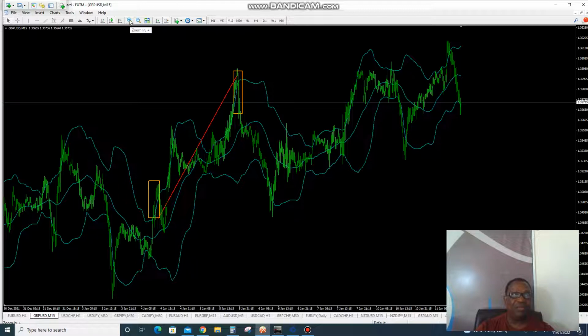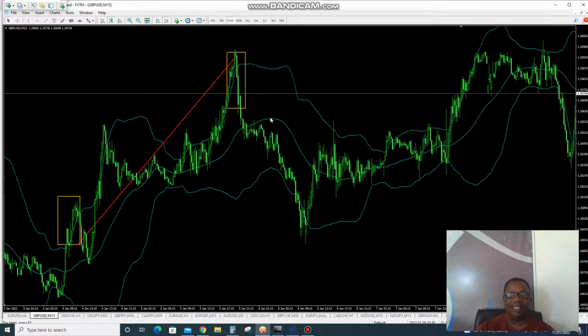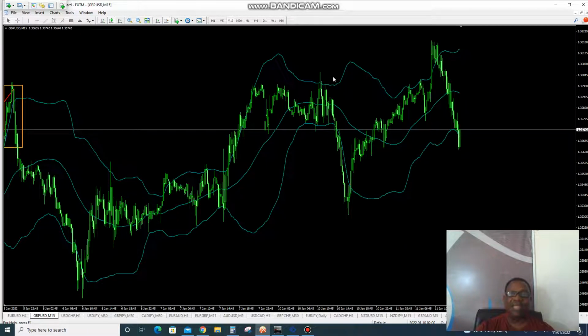So let me increase this so that you can see that Bollinger Band is used to determine the entry and the exit of a trade. Most times the Bollinger Band contracted at this point. The breakout here is what we call a breakout, and at times we call this overbought.